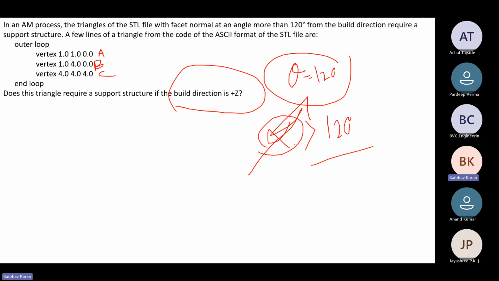Okay, let me help you with this. It's a bit tricky question.